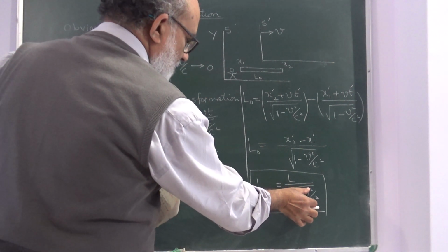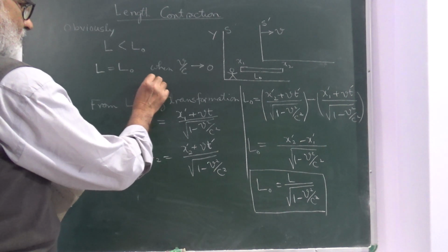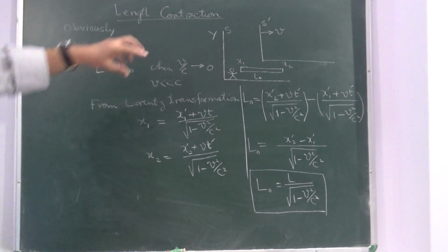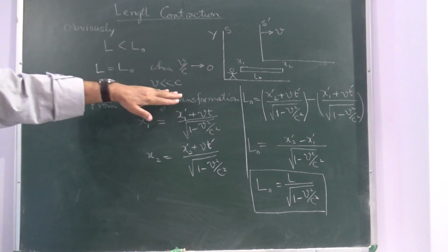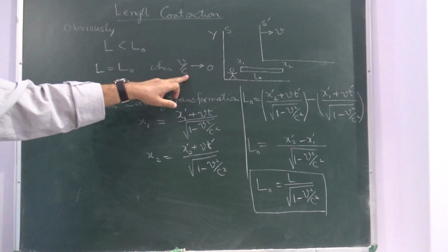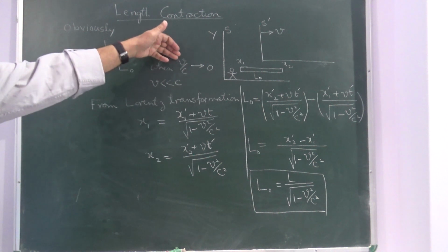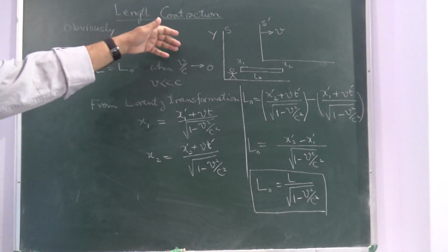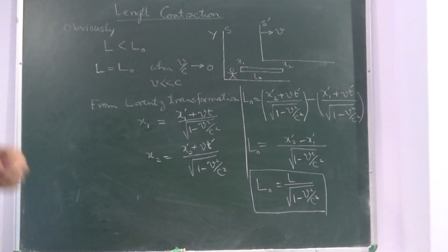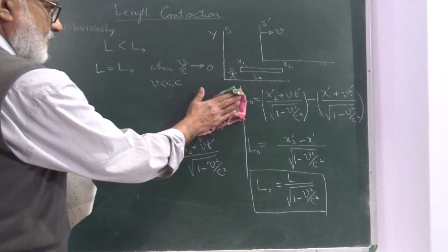Or we can say V is very much less than C. If the velocity of the moving reference frame is very much less than C, this value will be 0, because C is very high, 3 lakh kilometers per second, and this velocity is, suppose, 100 kilometers or whatever. That's why in our daily life we don't see any length contraction.